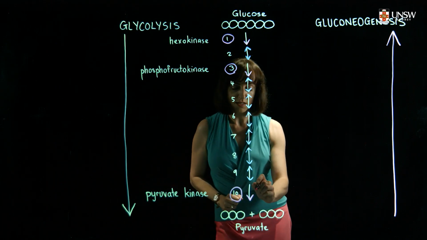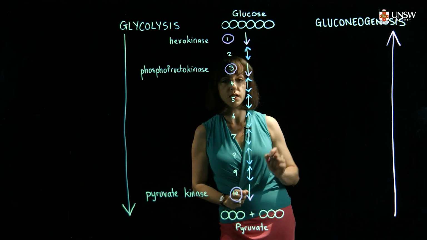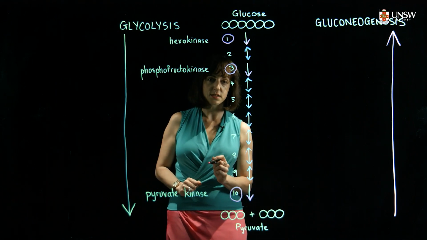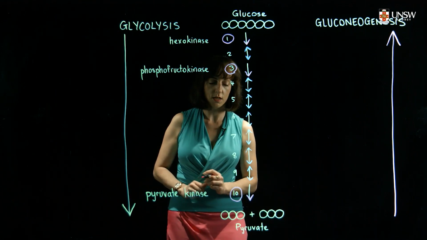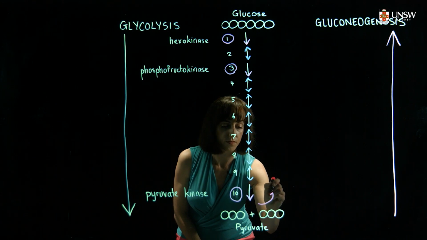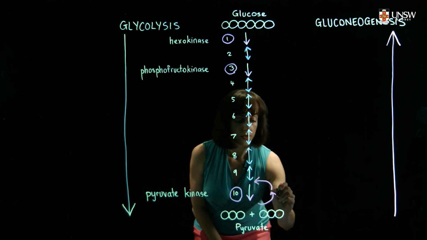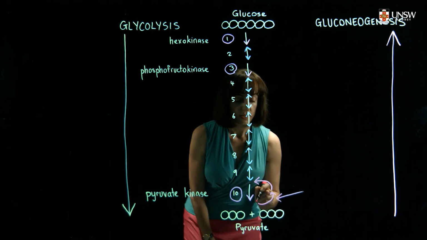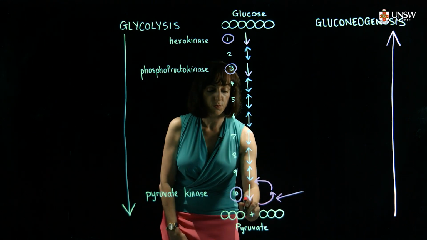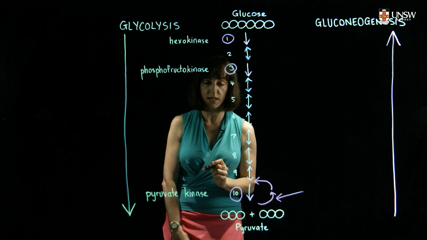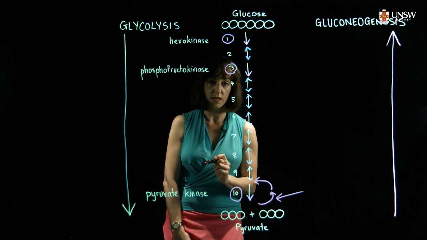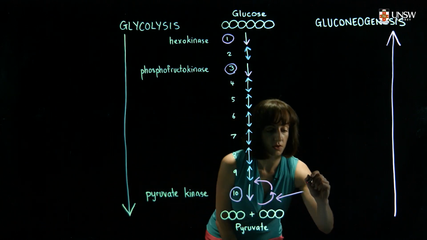Now, bypass number 1 in gluconeogenesis actually consists of 2 individual enzyme catalyzed steps. The first catalyzes a reaction that converts pyruvate into oxaloacetate, and the enzyme that does that is called pyruvate carboxylase.